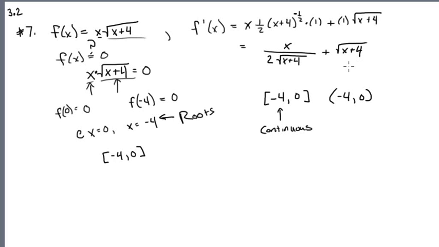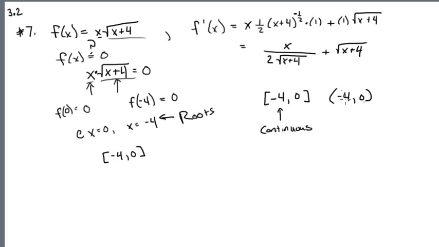Now on the open interval from negative 4 to 0, can I put in any number and still get out some other number? If I take any number from -4 to 0, not including -4, not including 0, is my derivative defined there? And the answer is yes, I can. If it was -4 itself, I couldn't use that because I would get division by 0.